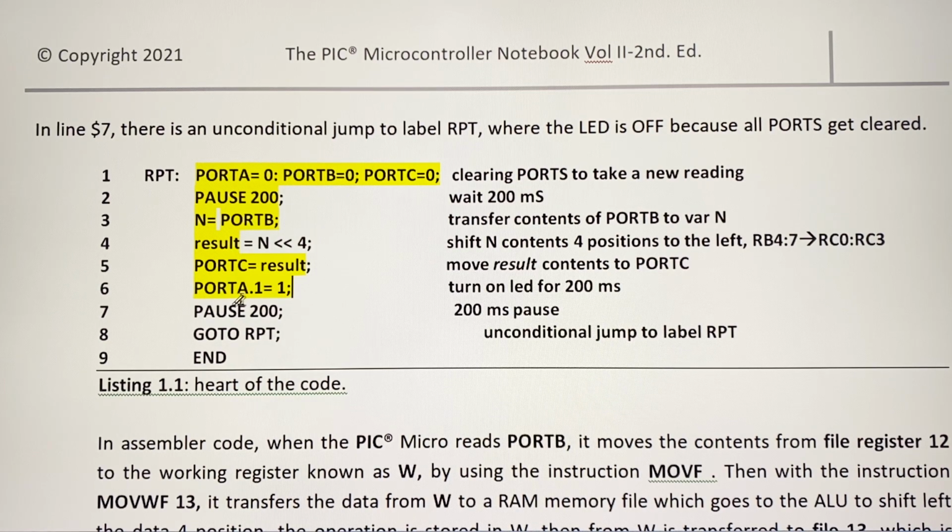So on LAB1 we are putting an LED. For 200 milliseconds it is on, and then we go to this label. After the 200 milliseconds we go to this label again, and it keeps repeating, so it keeps reading the port. It keeps clearing, then another pause, and then reading, so that you can see a new result.